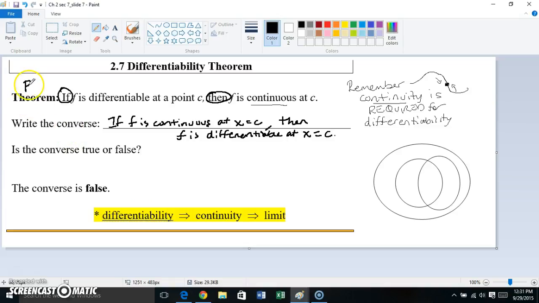So the first one says, P implies Q. The second one, the converse, is Q implies P. Okay, now the question is, is this true or false? So if a function is continuous, is it always differentiable?